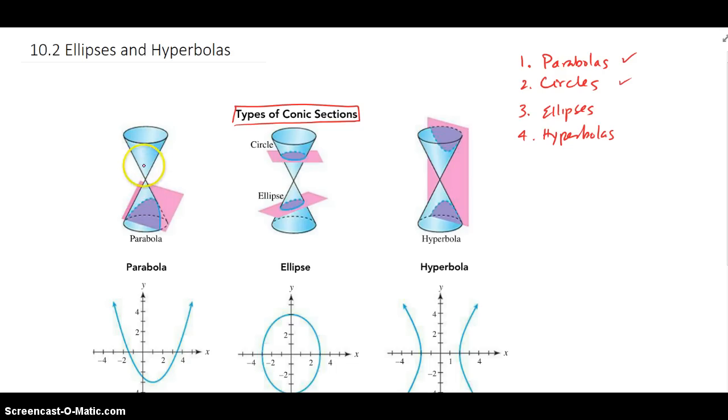Now, what are conic sections? Imagine two cones, one of them upside down, touching each other like this. If you take a plane, like a sheet of paper, and you cut through the cones at certain angles, you're going to create these shapes that we've looked at and these two that we're going to look at now.